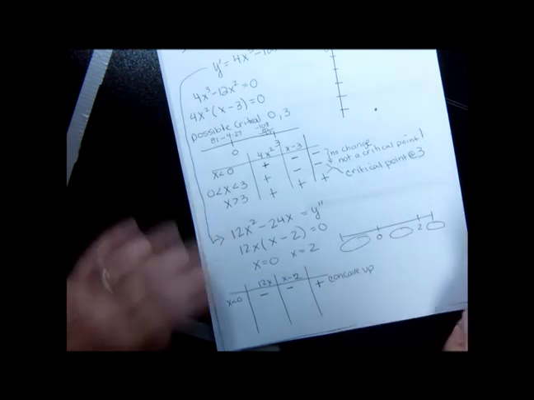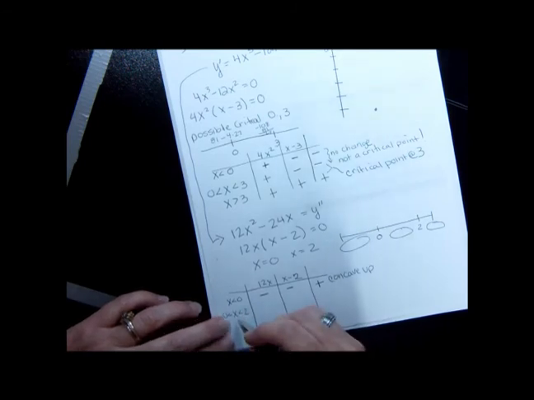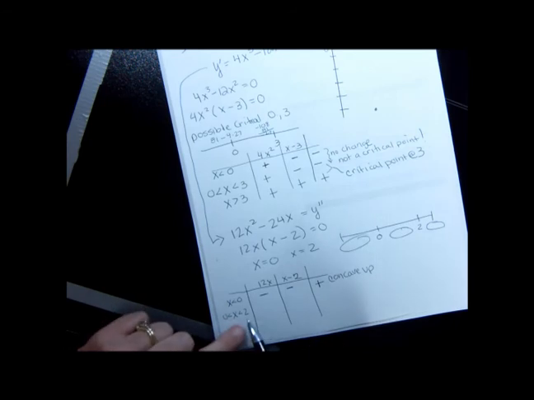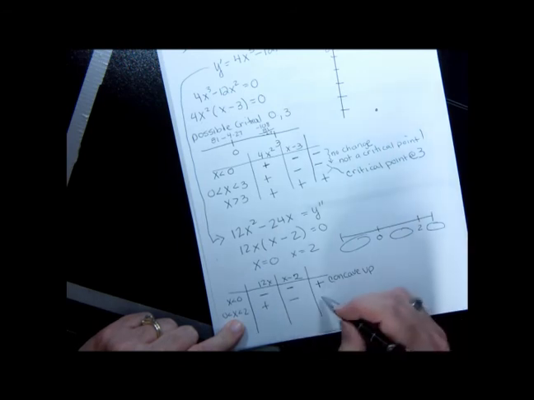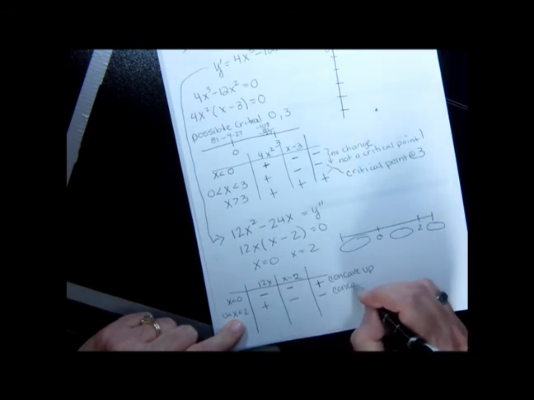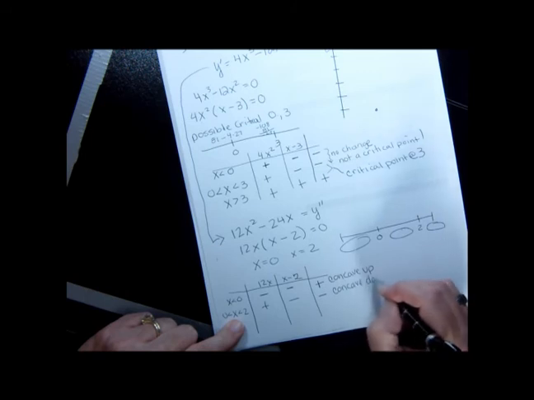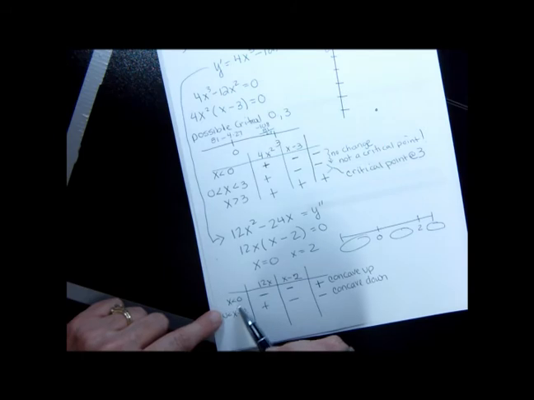Between 0 and 2, I can choose the value 1. Why not? It's simple enough. So I can choose the value 1. This will be positive. This will be negative. This will be negative. And this is concave down. Now I know why my 0 was not a critical point.